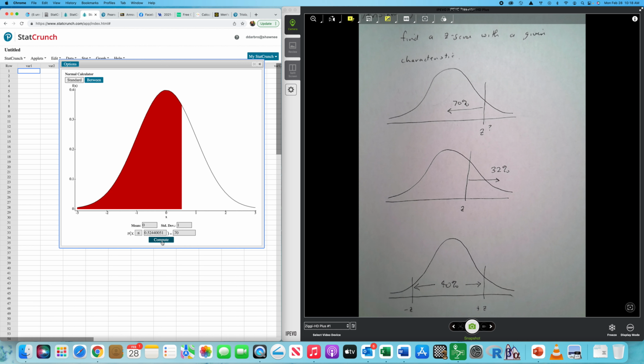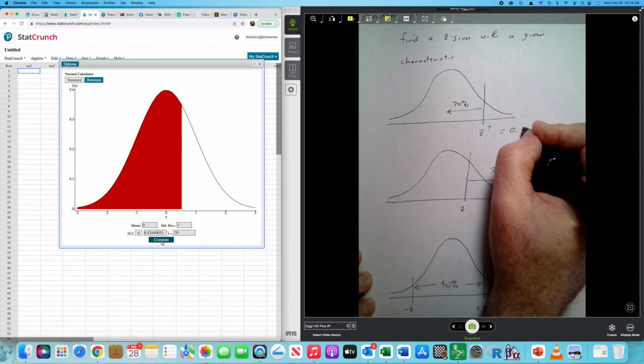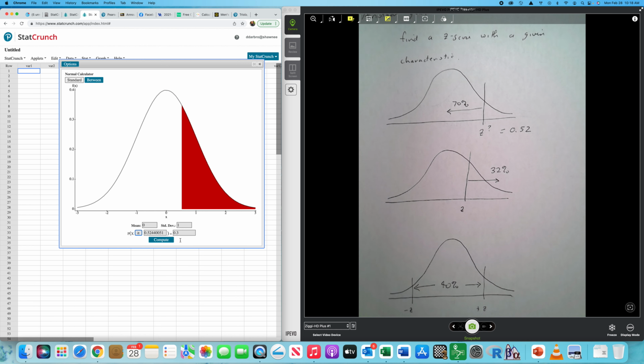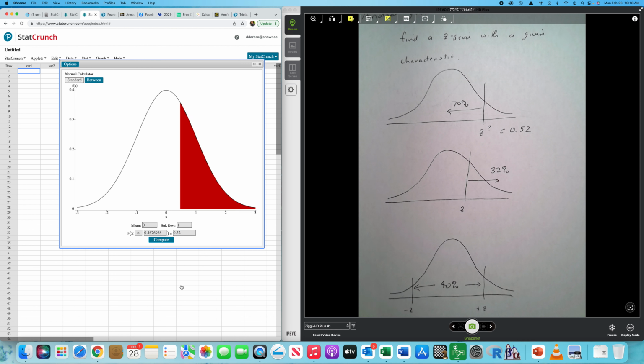So the z-score that has 70% below it is 0.52. All right, 32% above, for obvious reasons, is 0.47.